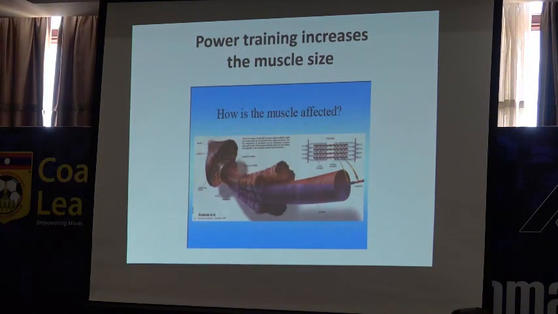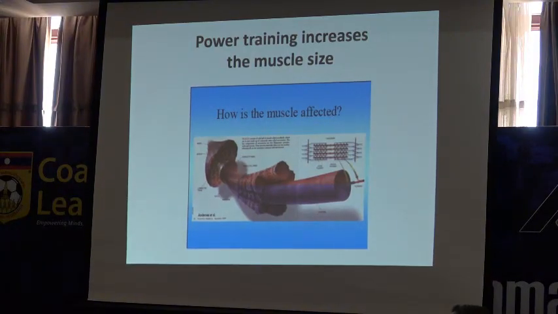Most of us normal people, we may be 50% type 1 and 50% type 2 in the legs.